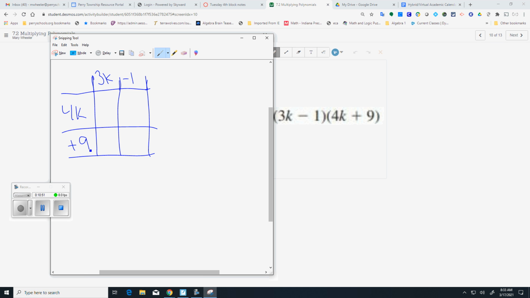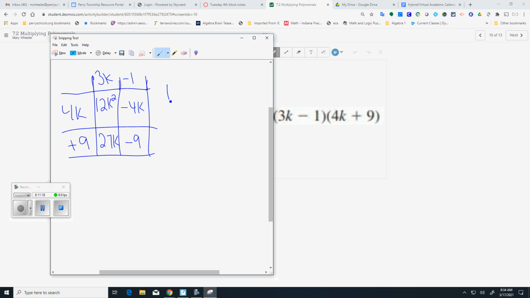So then, 3k times 4k, that is 12k squared. 4k times negative 1, negative 4k. 3k times 9, 27k. And then 9 times negative 1, negative 9.